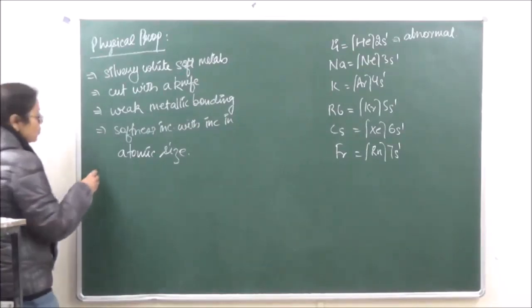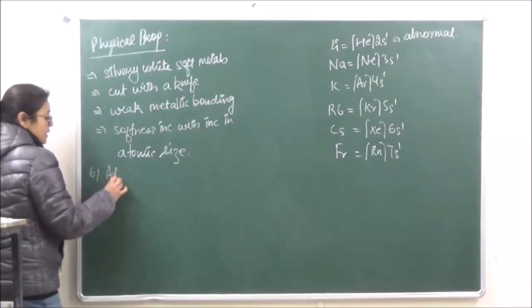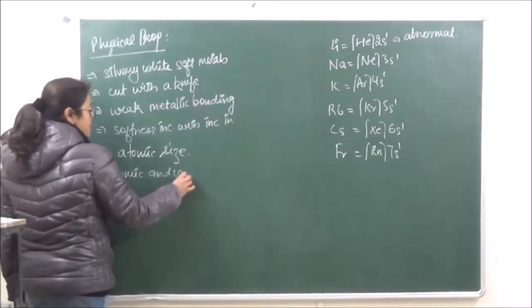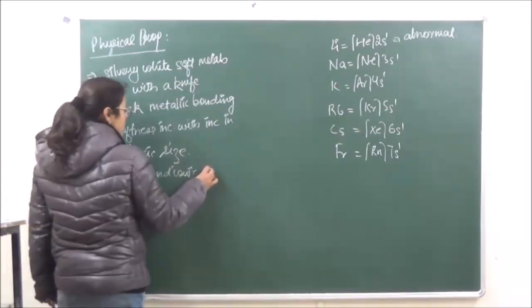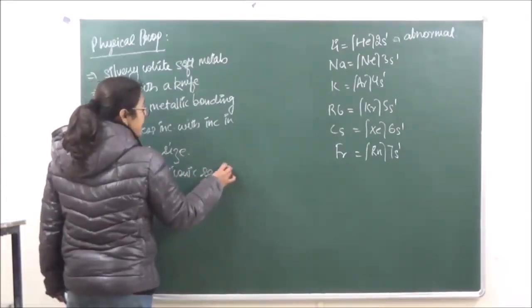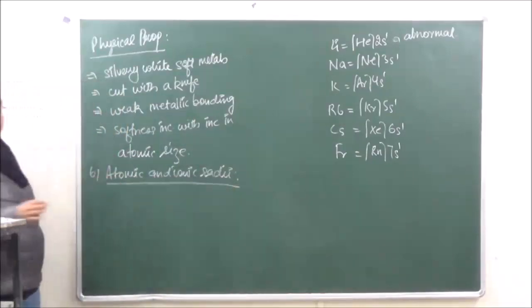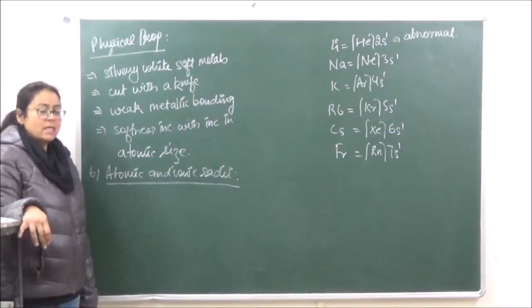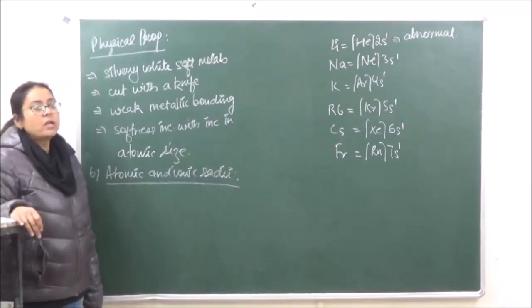Then we go on to the atomic and ionic radii. It is seen that alkali metals have the largest size in their respective horizontal period.